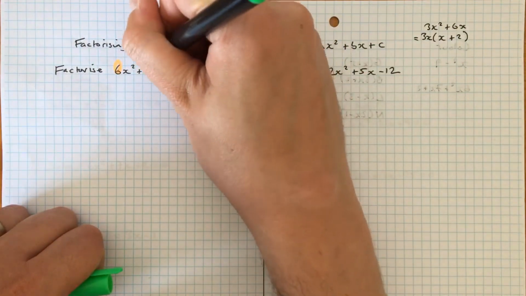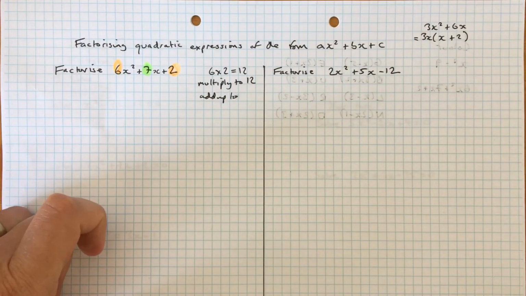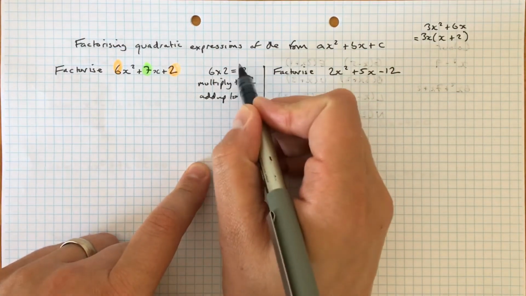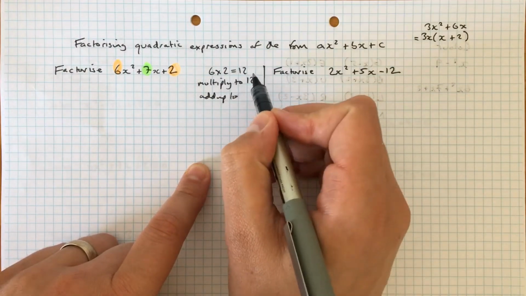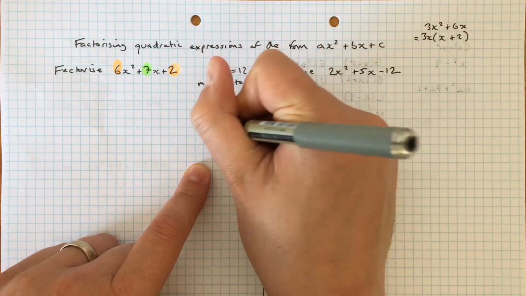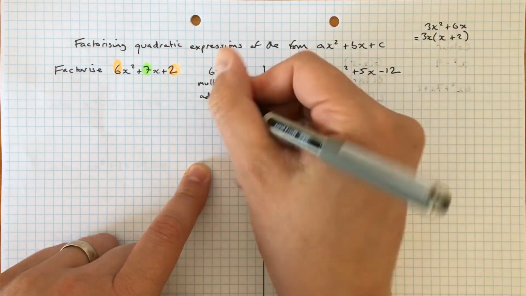So a pair of numbers that multiply to 12 and add up to 7. At this point, what I recommend you do is start listing pairs of numbers that multiply to give me 12. So I'm going to have 1 and 12, 2 and 6, so on. But as soon as I want them to add up to 7, it's going to be 3 and 4.